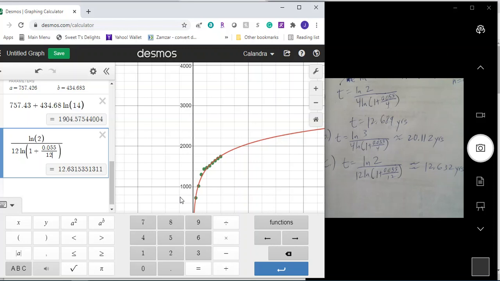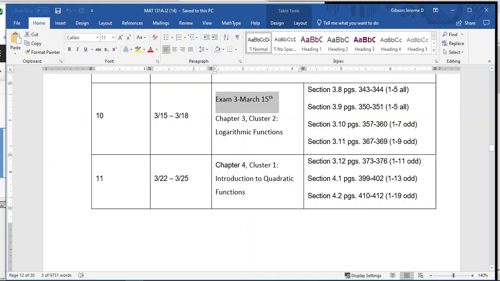Okay, now, let me pull back up the syllabus. Now we're going to look at 311. 311 starts on page 367 and goes to 369. And we only have problems 1 through 9 to complete.